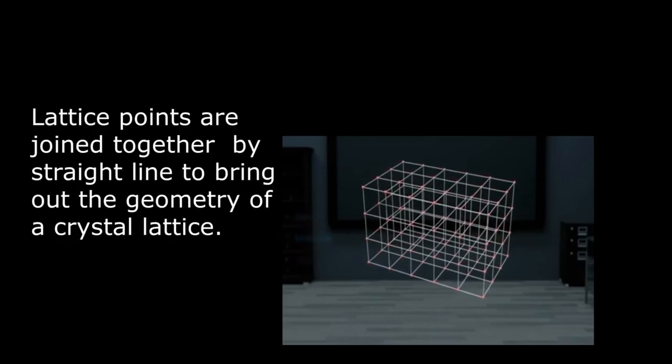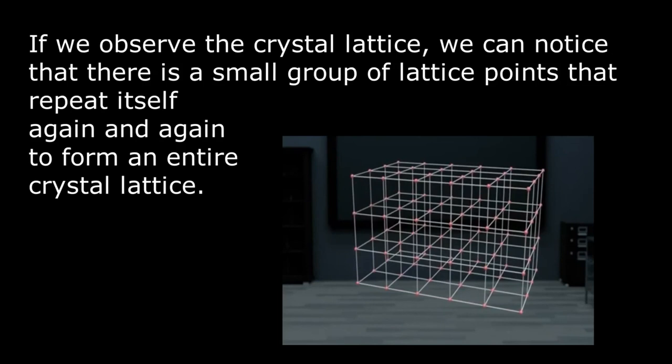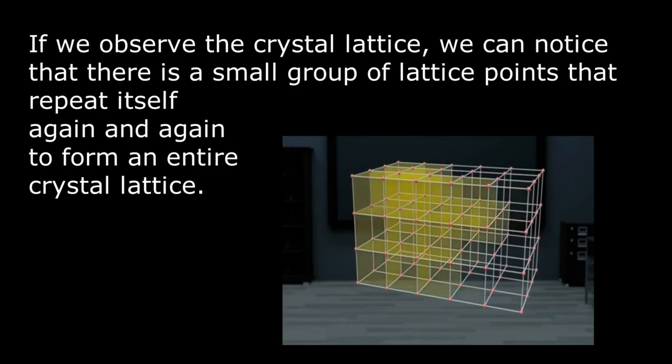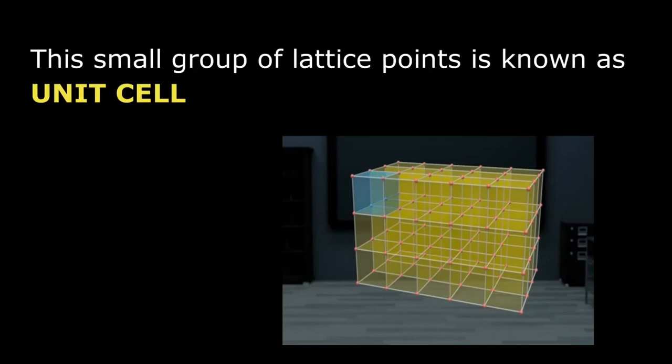Lattice points are joined together by straight lines to bring out the geometry of a crystal lattice. If we observe the crystal lattice, we can notice that there is a small group of lattice points that repeat itself again and again to form an entire crystal lattice. This small group of lattice points is known as unit cell.